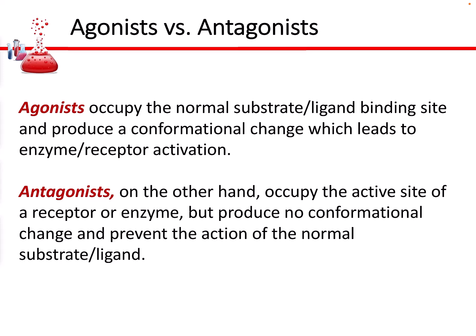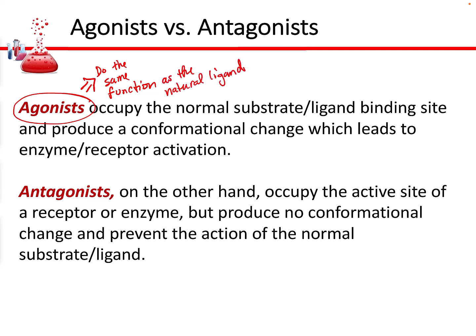The first are called agonists. Agonists will occupy the normal substrate or ligand binding site, and they will produce a similar conformational change in the protein that leads to the enzyme or receptor activation. So agonists do the same function, essentially, as the natural ligand, whereas antagonists are going to block the activity.